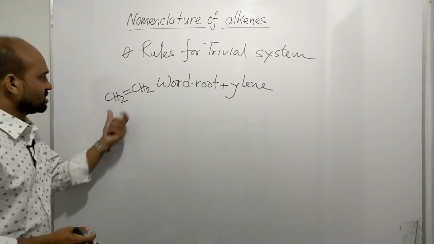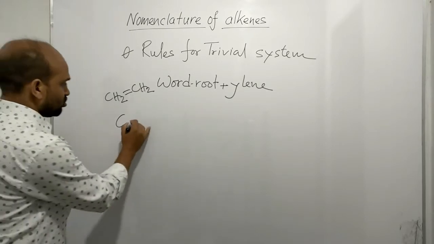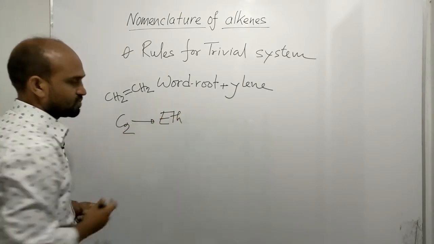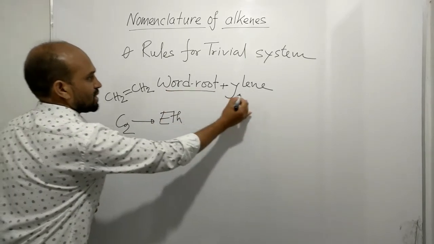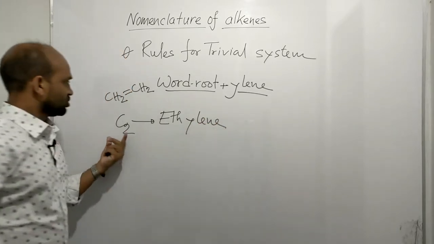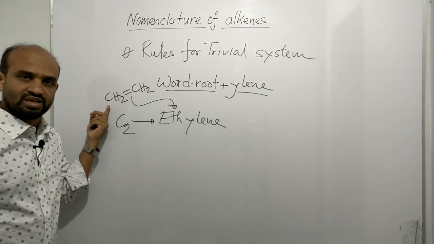That means here number of carbon atoms 2. Then what is the word root? Eth. Word root plus ylene. So the name of this compound will be ethylene.